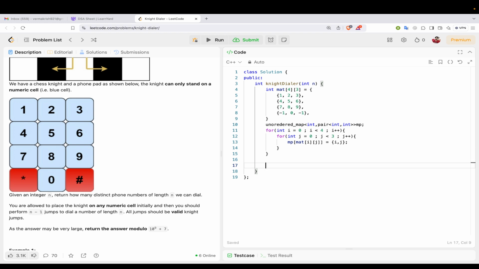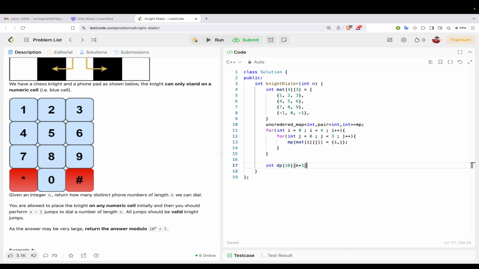The third thing is we have to create our DP array. So the DP array will look like int DP of number, length. The number can be at max, for the safer side, from 0 to 9, so we have 10 numbers, and your length will be n.